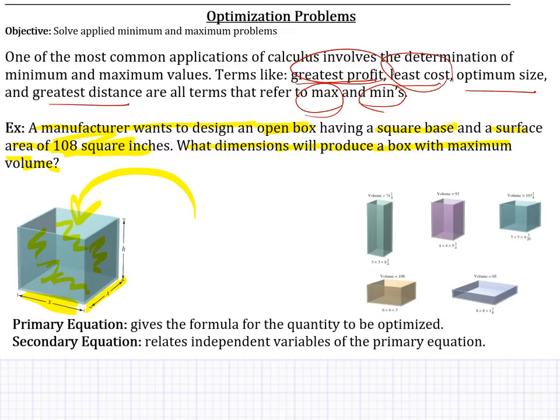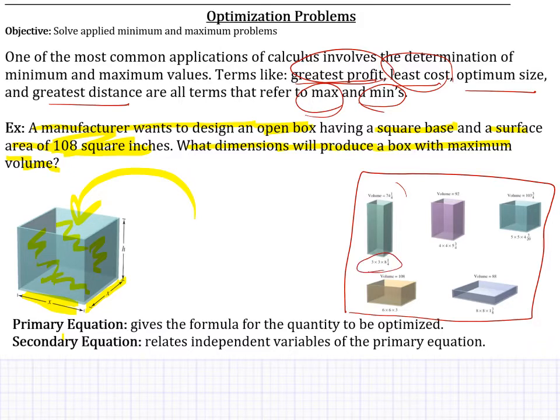Well, here are a few examples of different boxes and their shapes and dimensions that all use 108 square inches of cardboard. They all have open tops, so it's four sides and a bottom. They all have different volumes. If this was a 3 by 3 by 8 1/4 box, it would have a volume of 74 1/4.